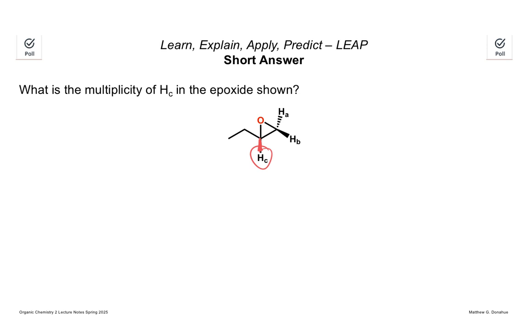Can you put it, sort of expand it in the right order? So we know HA and HC couple. So that's a doublet. HC and HB couple differently. That's a doublet. Then you have these. That's 2, so that's a triplet. So you get a doublet of triplets.